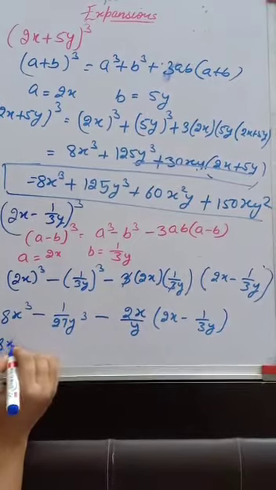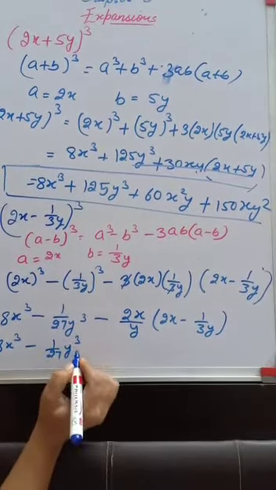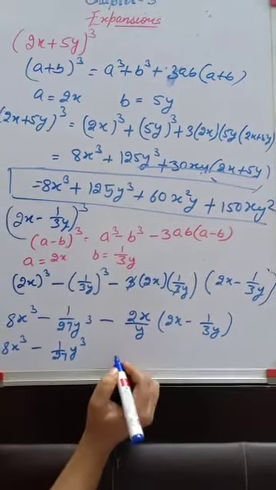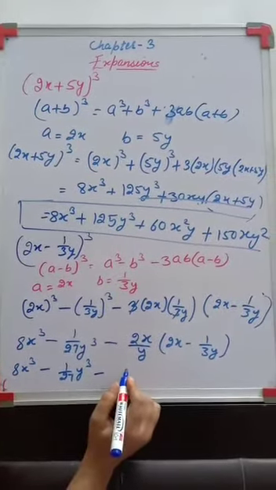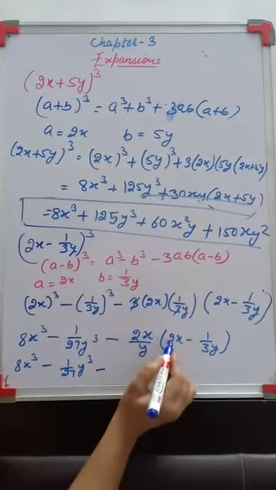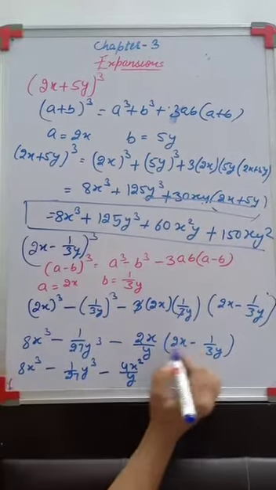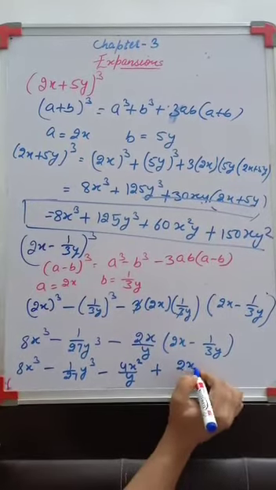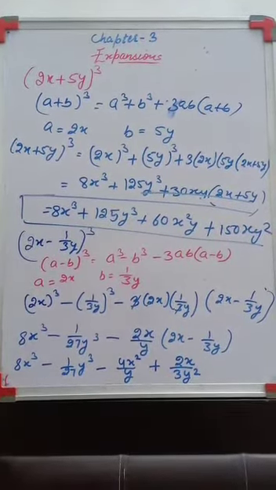Once you open that, what will you get? 8x cube minus 1 upon 27y cube, then minus 2 into 2, 4x square upon y, and then it will become minus minus plus, so plus 2x upon 3y square, right?